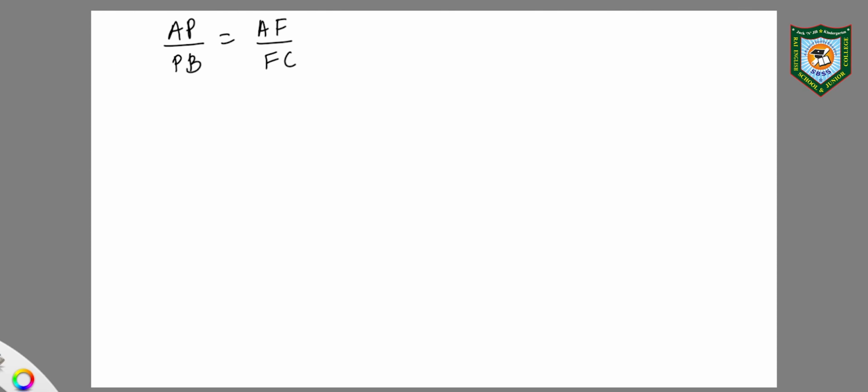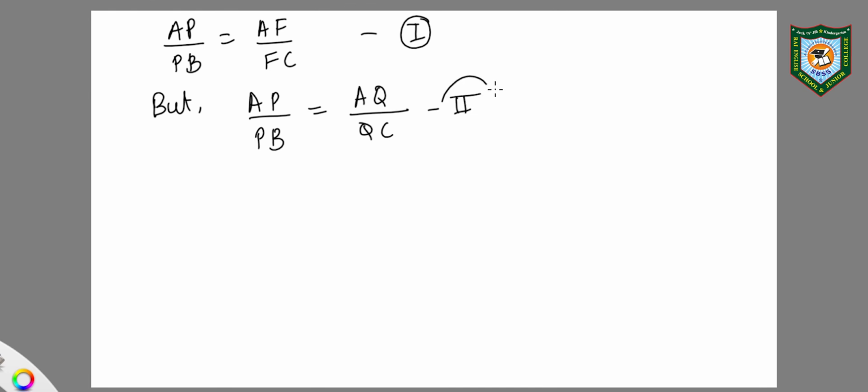But it is given to me that AP by PB is equal to AQ by QC. So if we see result number 1 and result number 2, we can say that AF divided by FC has to be equal to AQ divided by QC.